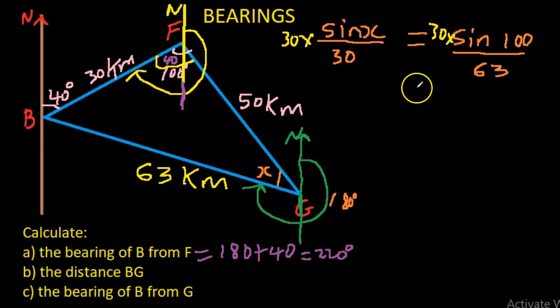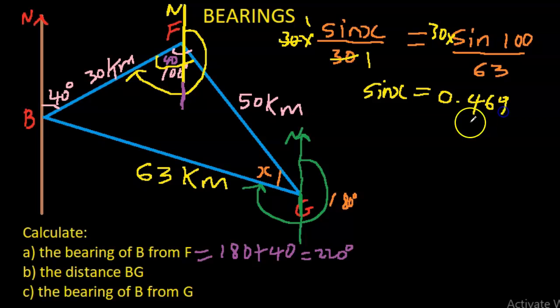So 30 into itself is 1, and we have 1 times sine X, which is just sine X. And then, on the calculator, 30 sine 100, divided by 63, equals 0.469.